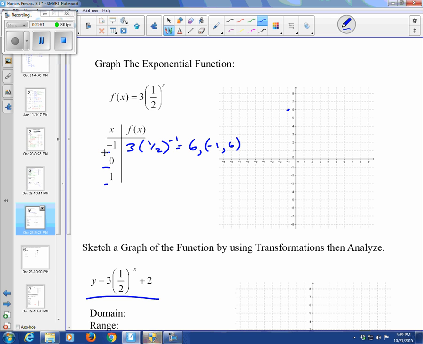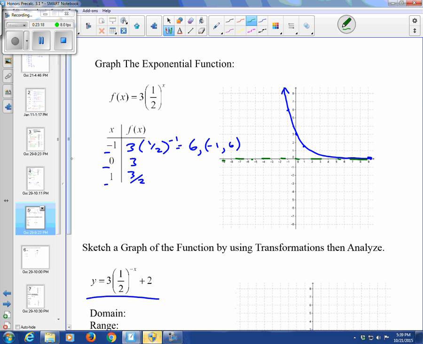With 0, an input of 0, we know we're multiplying no 1/2, so that's going to be an output of 3. And that gives us our initial value. And with 1, we're multiplying 1/2 once, so basically we get 3/2, and that guy is going to be right there. And we can see the trajectory of our exponential decay, right, around the x-axis. And of course, we would have that horizontal asymptote as well.